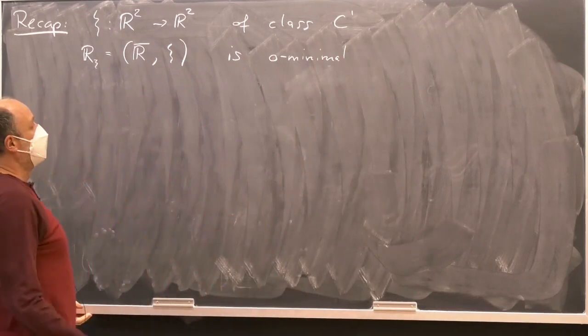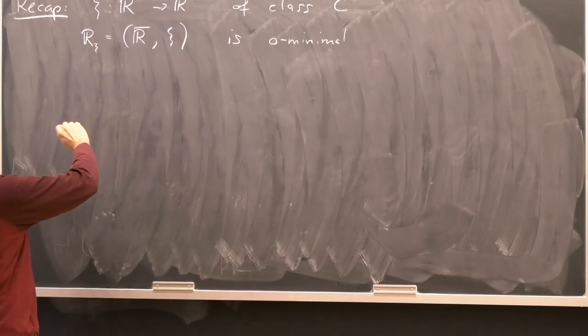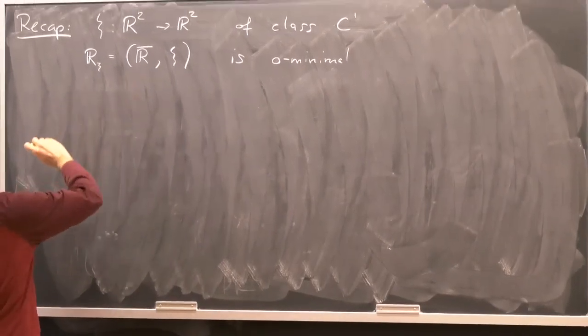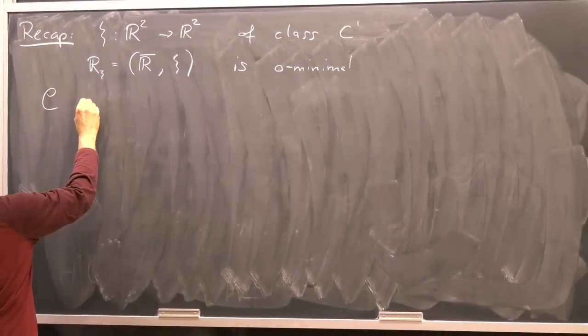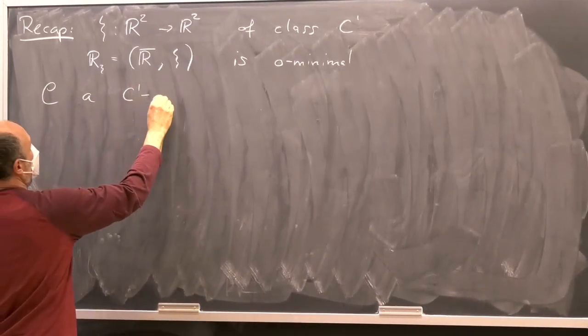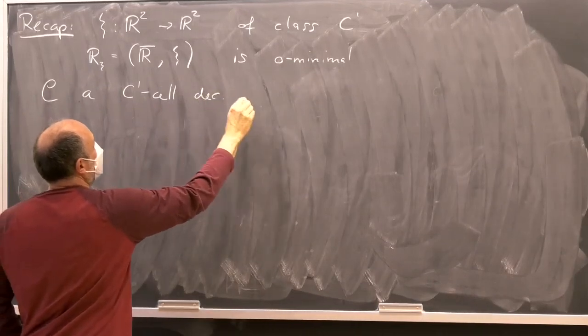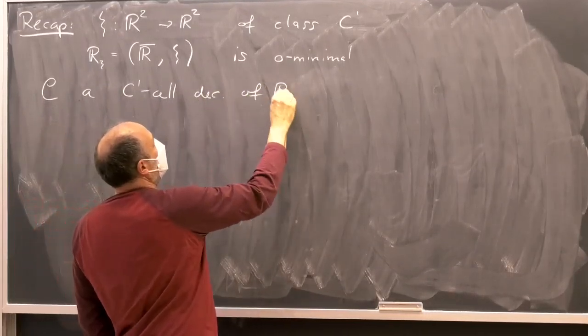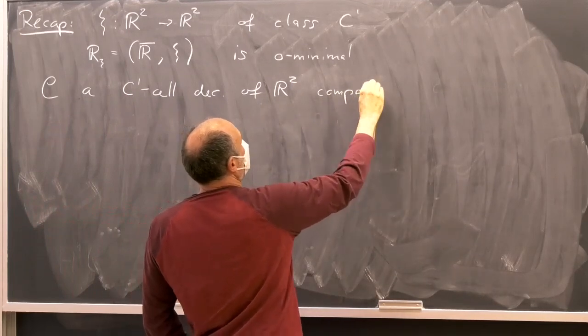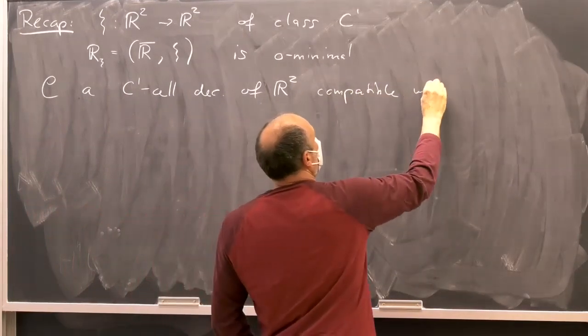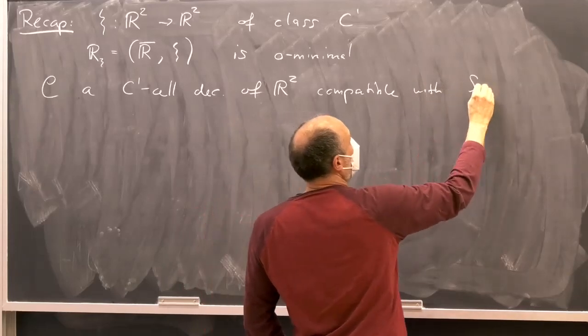And from that, we extracted a certain cell decomposition definable in this structure, okay? So C is a C1 cell decomposition of the plane, which is compatible with the set of singular points.